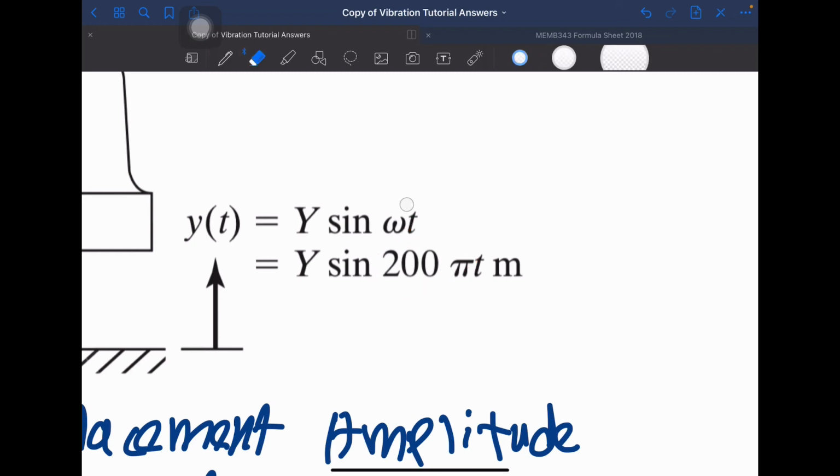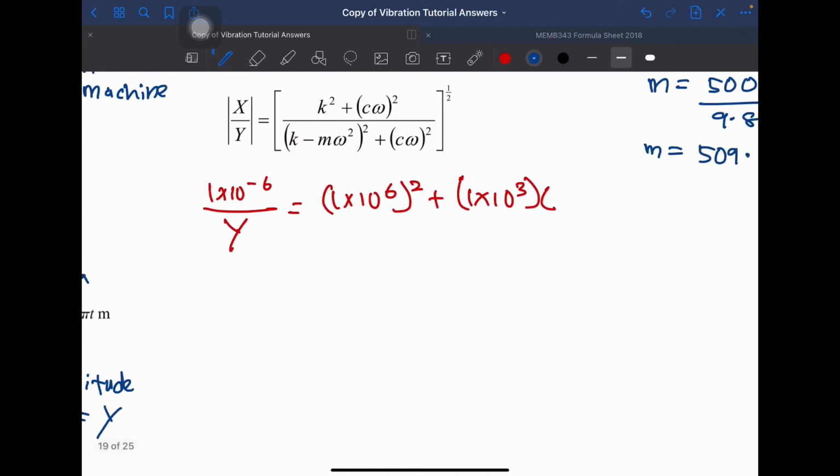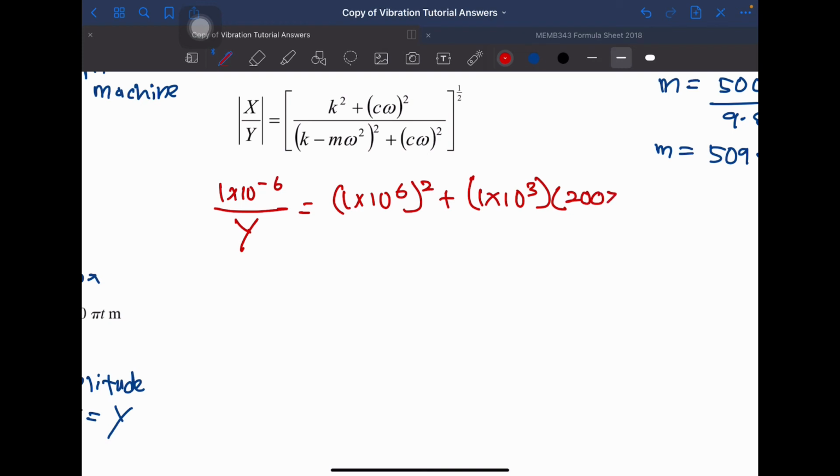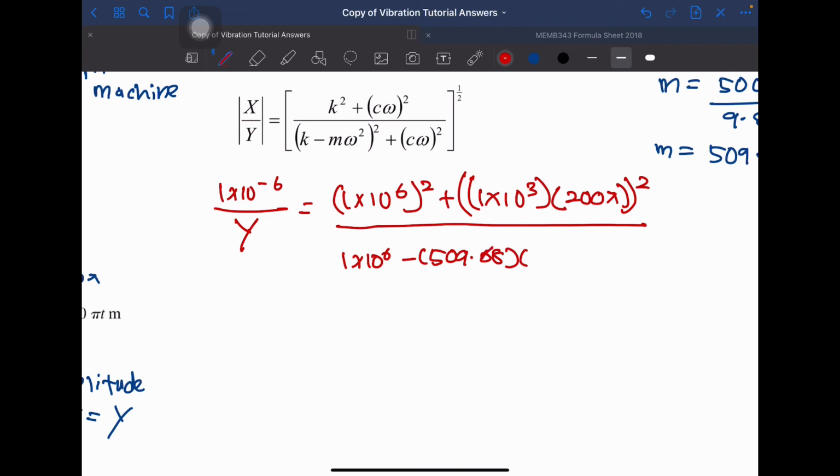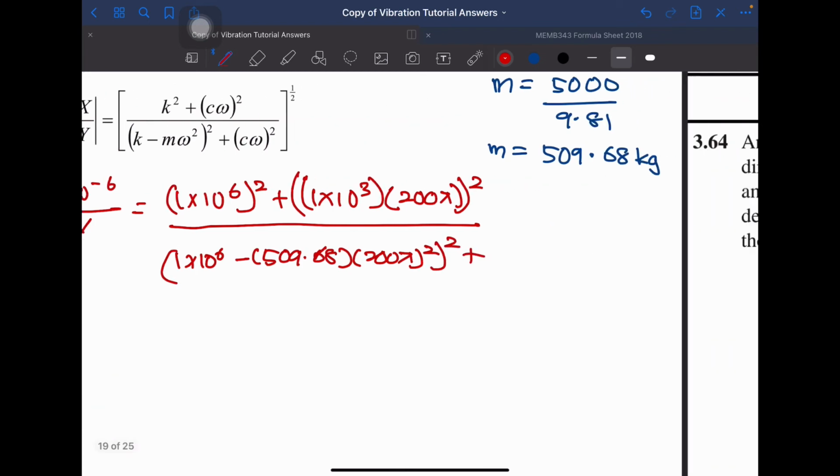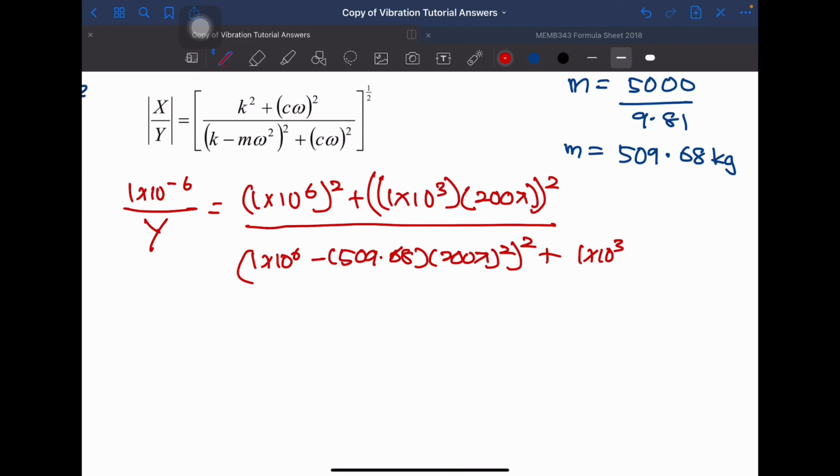So substitute 200 pi, squared, all this over k minus m times omega squared, squared, plus c times omega, then square root the whole thing.